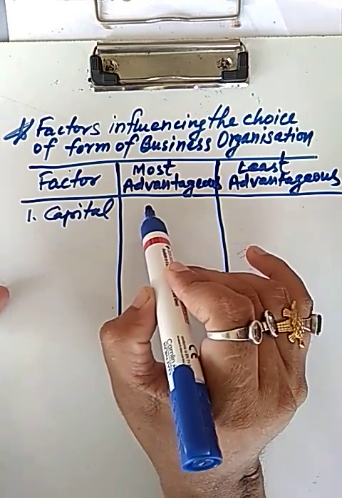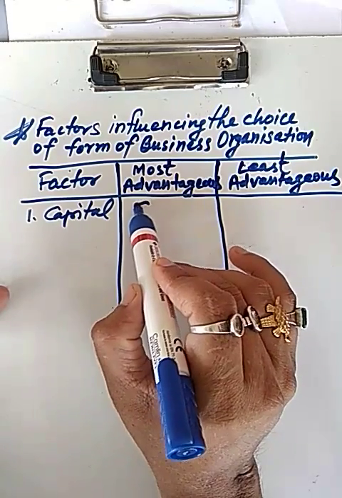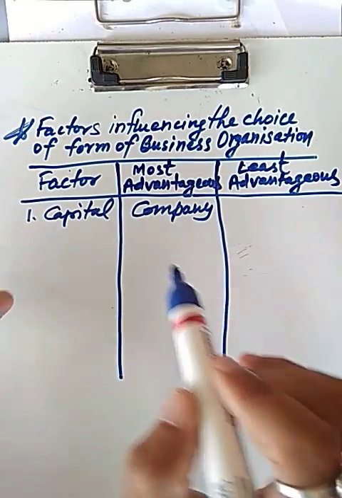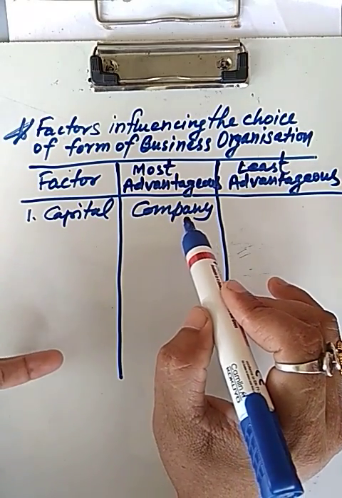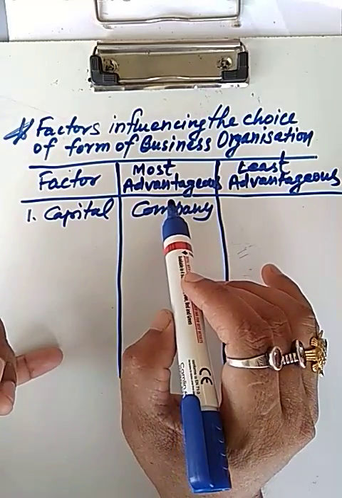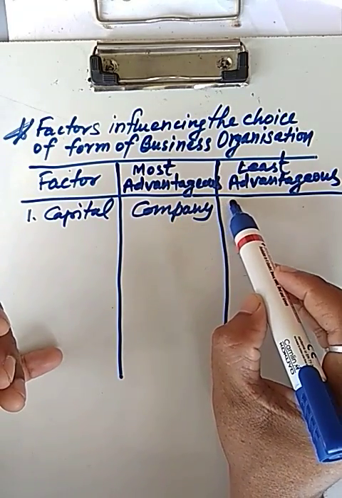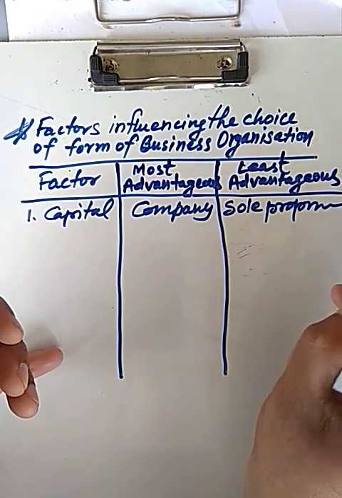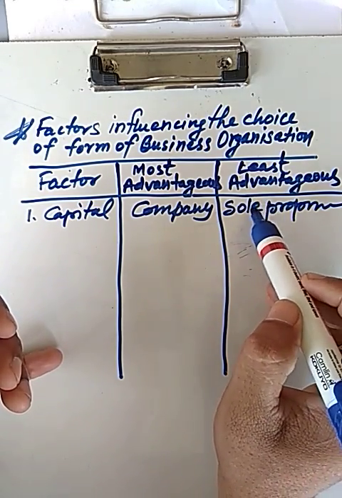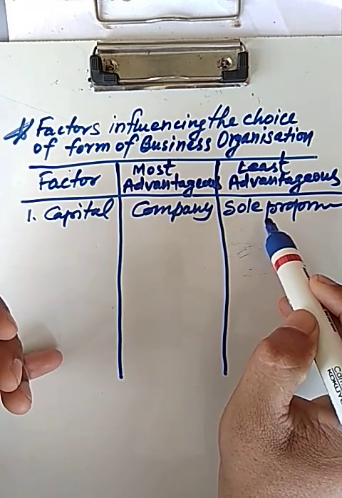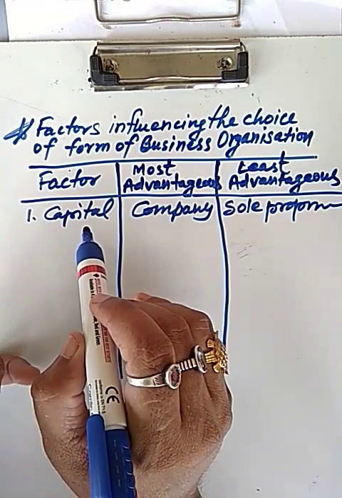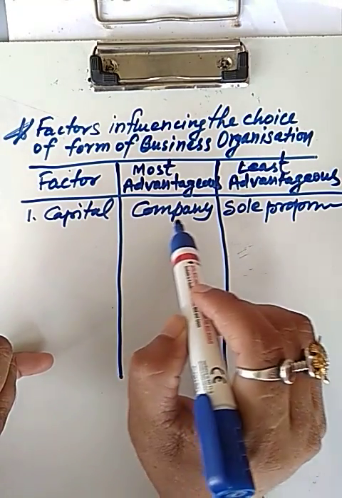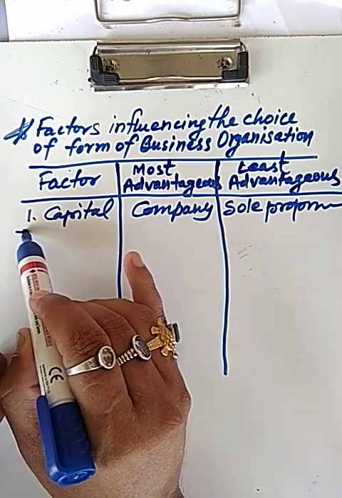For company form it will be most advantageous, but sole proprietorship form will be least advantageous, because when we have huge capital, then we have to start company form.